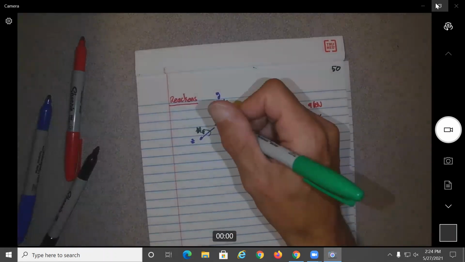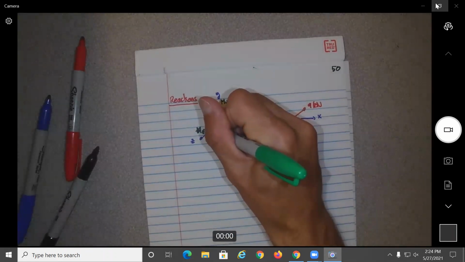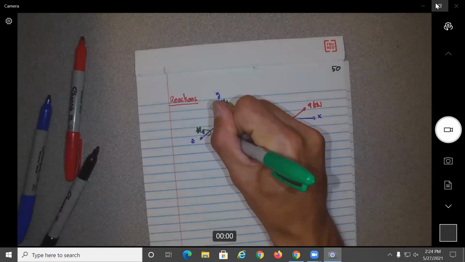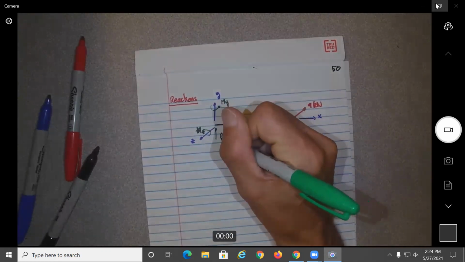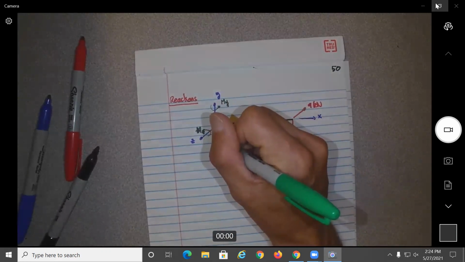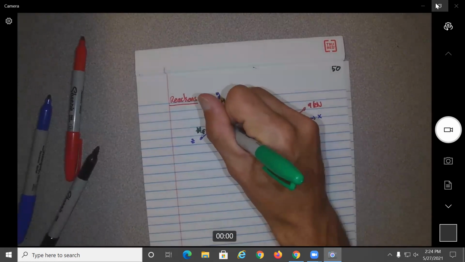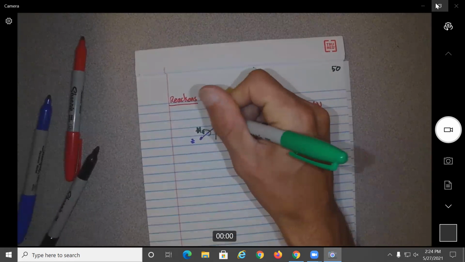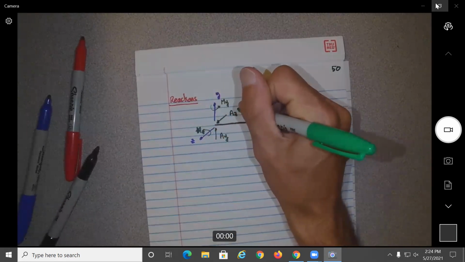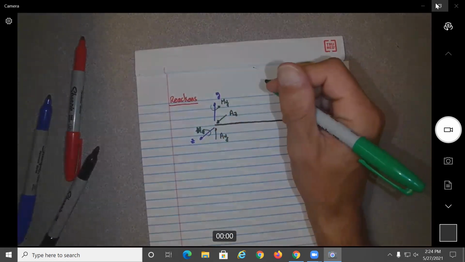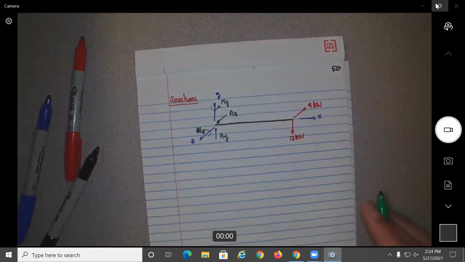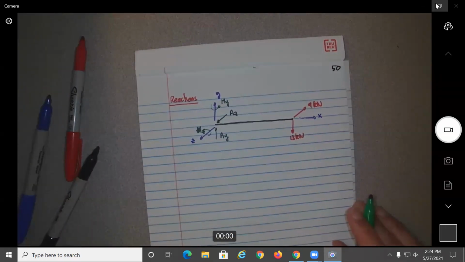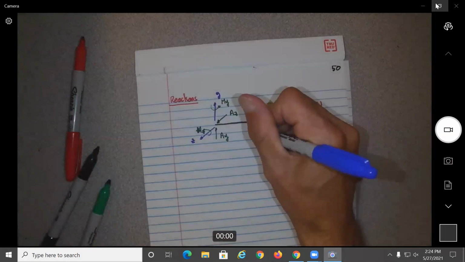Then here we're gonna have an A sub Y, A sub Z, and we're not gonna have an A sub X, so I'm not gonna put it. It's just gonna confuse everything. And this is 0.4 meters.